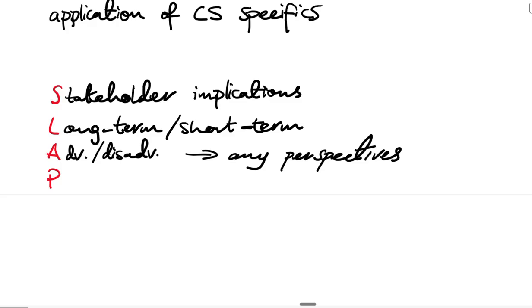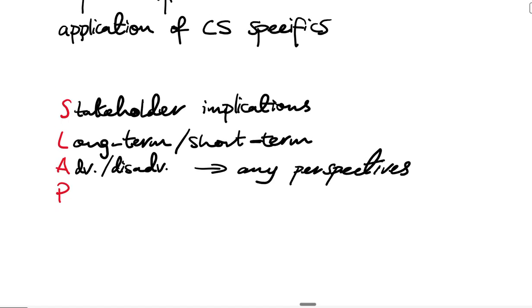And P is our priorities. What is the priority of the specific business? So this business has a sustainable mission, right? It has a green mission, and it wants to be a renewable energy company. It wants to be the industry leader, right?